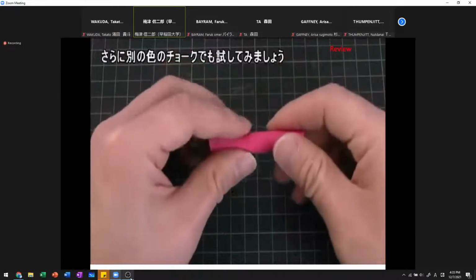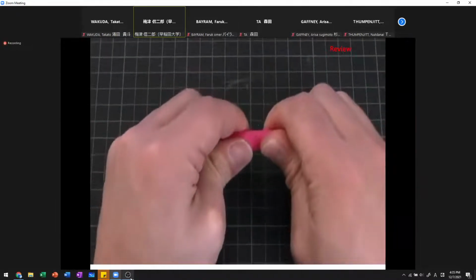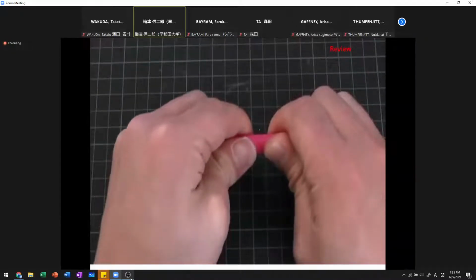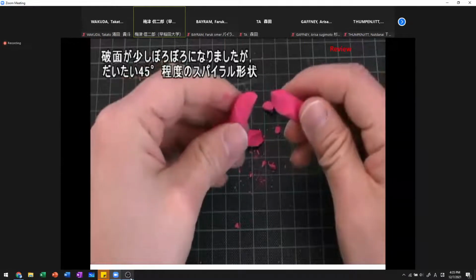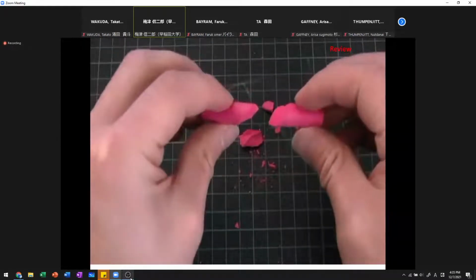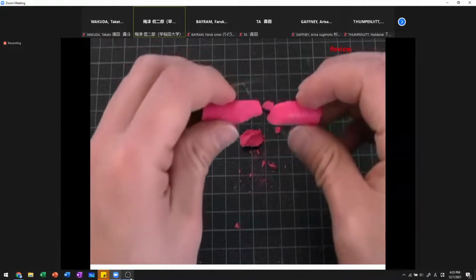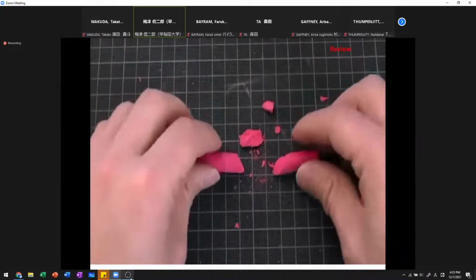And next, he said he prepared the car chalk and twisted it. Roughly speaking, the spiral shape is observed, and honestly speaking, the white chalk and car chalk are different.